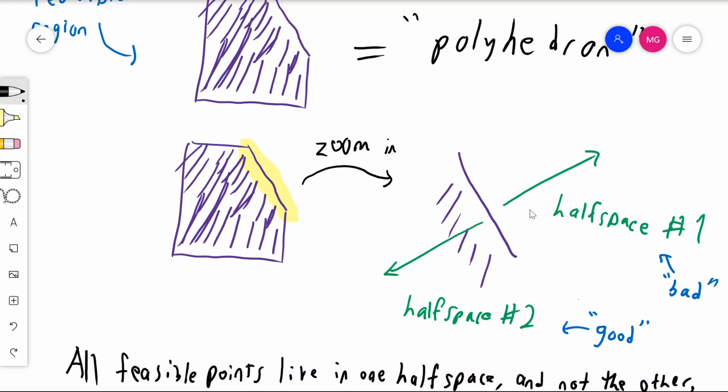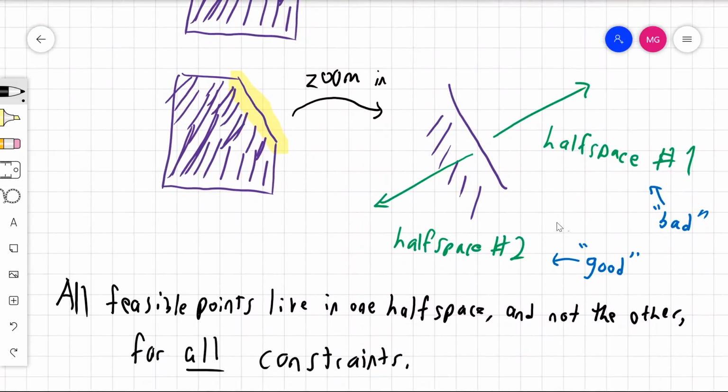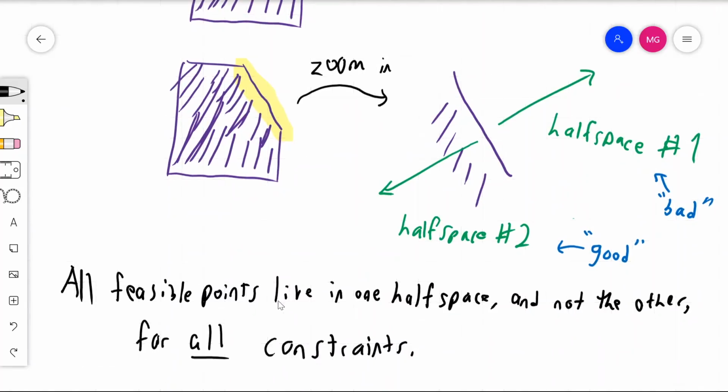And that's true not just for this constraint, but for all constraints. For every single constraint, there's a line, and then the set of solutions will live either above or below that line. Each line splits space into two half spaces: the bad half space where the solutions don't live, and the good half space where the solutions do live. So all the feasible points live in one half space and not the other for all constraints.